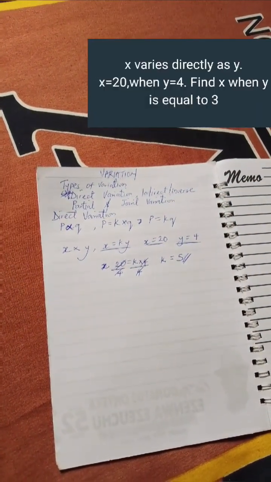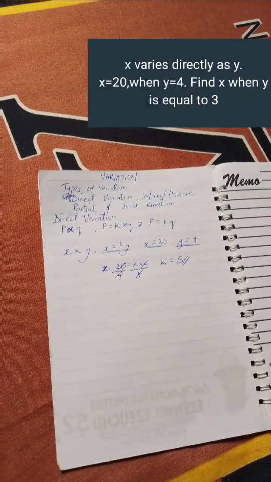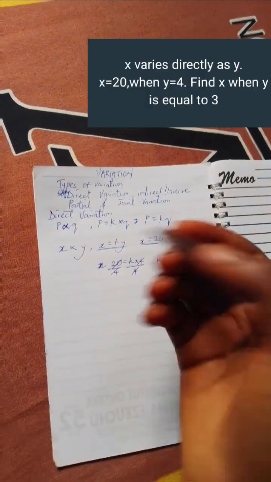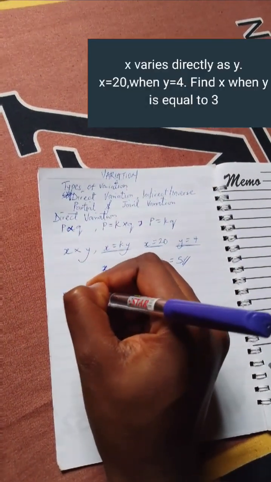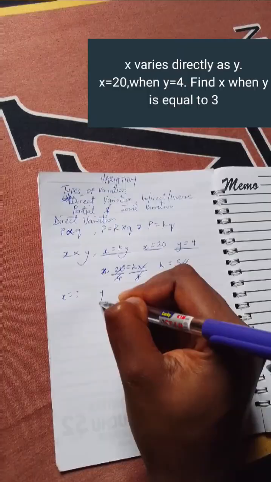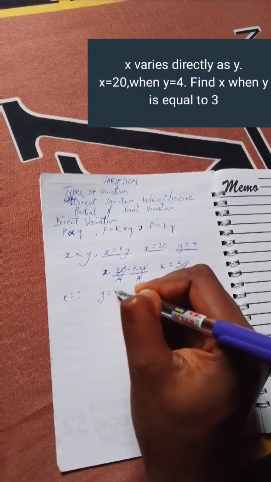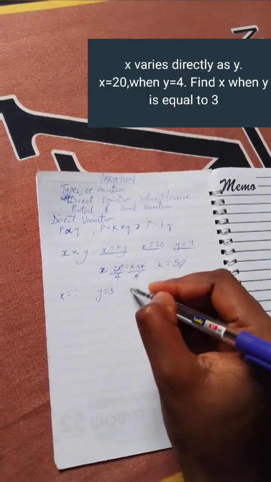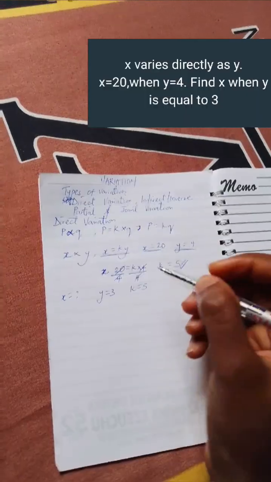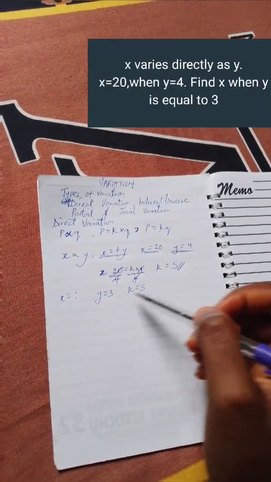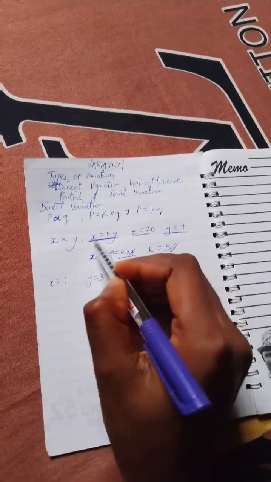So now the question further says that we should find x when y is equal to 3. X is equal to question mark, and y is equal to 3. And as we've already gotten, our k, which is the constant, is equal to 5. So now we're going to be substituting this into this equation here.